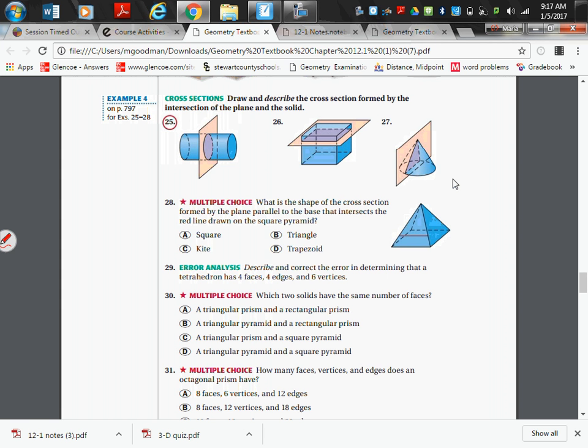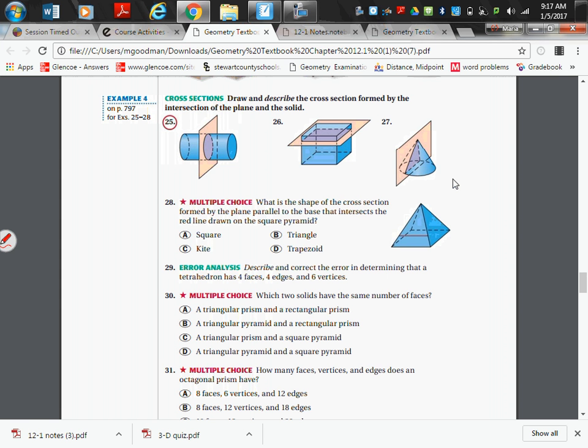Alright, number 28. You'll have to draw the picture out. It says it's formed by a plane that is parallel to the base. If it's parallel, what do we know it's going to be?